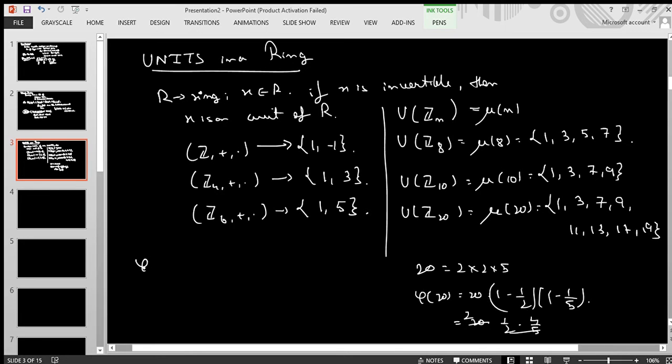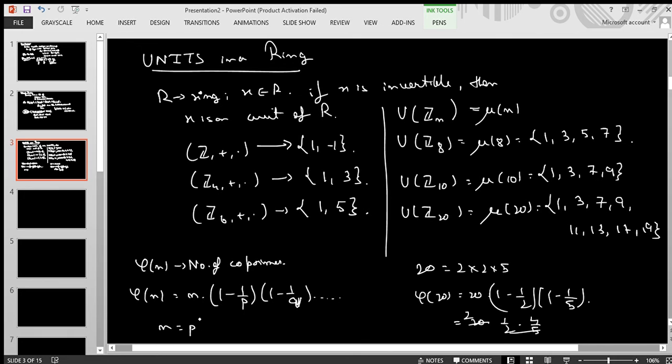Phi of n gives you the number of coprimes. The formula is n into (1 minus 1 by p) into (1 minus 1 by q), and it keeps on continuing, where n is of the form p to the power a, q to the power b, and so on. Here p, q are the prime factors of n.